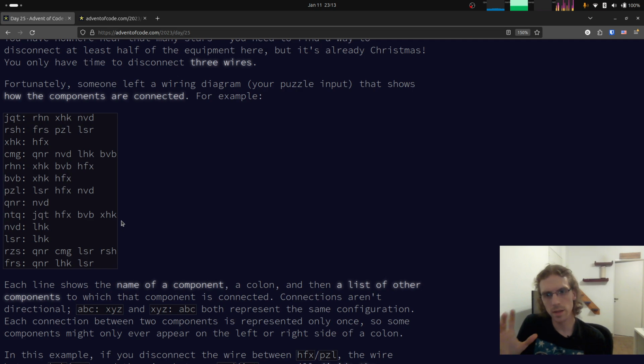And once you find that, you get 2 separate graphs, and that's the answer. Well, multiplying those 2 sizes together. But that's kind of a combinatorial problem, like choosing 3 in between many, and that's a big number of possibilities.